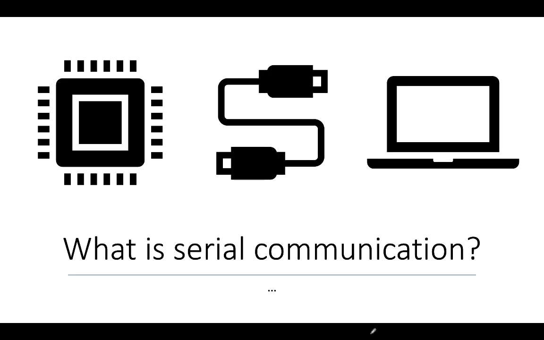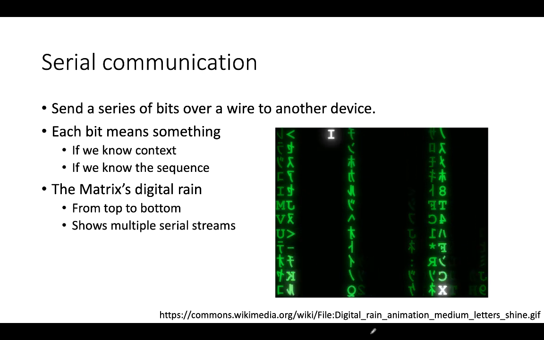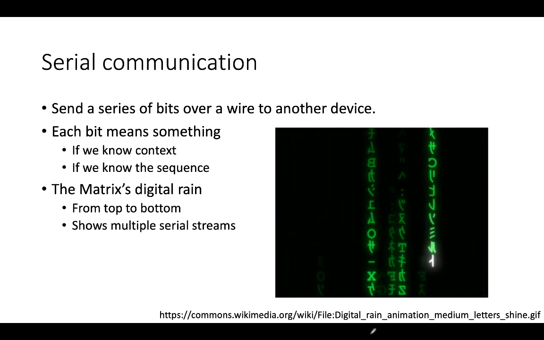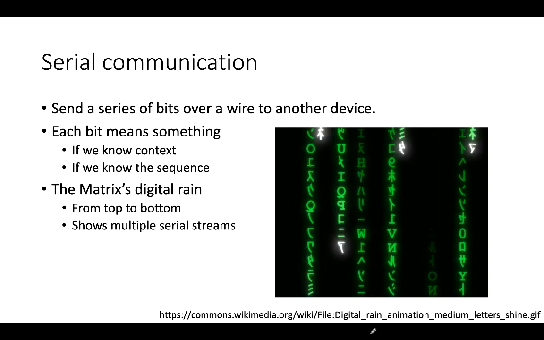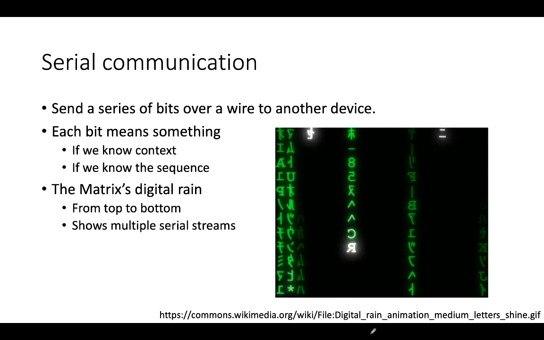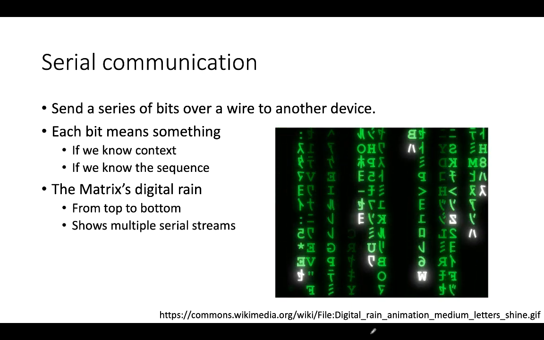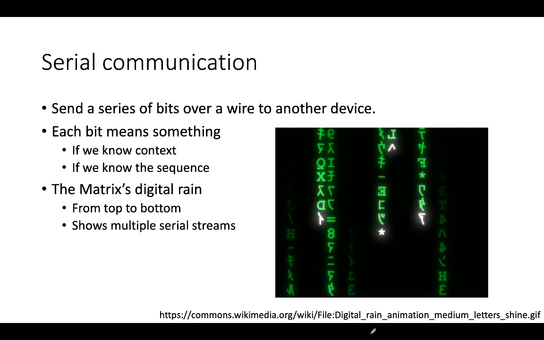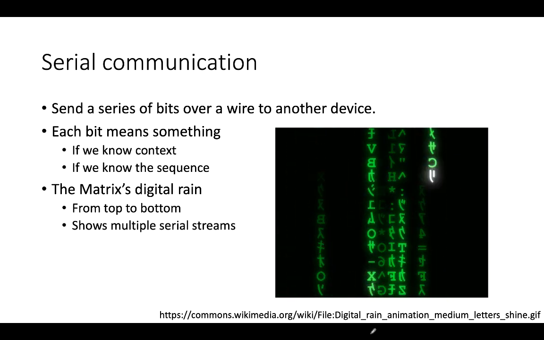We'll begin by having a discussion about what is serial communication in its absolute simplest form and generally what it's used for. All right, so what is serial communication? Well, basically it boils down to sending bits of information in ones and zeros, or 3 volts and 0 volts, or logic high and logic low, from one device to another device over a wire or a fiber or some other means.